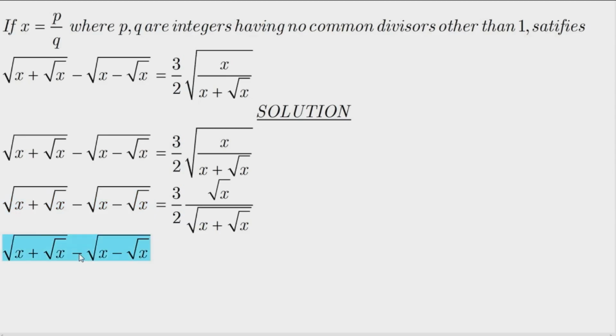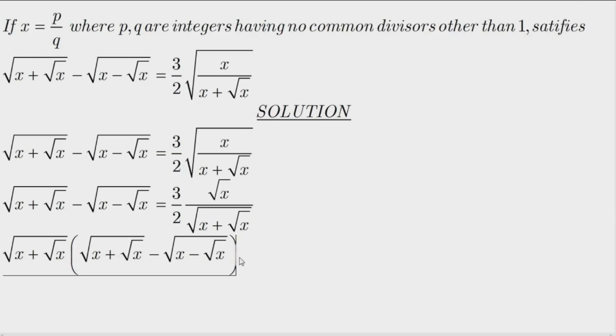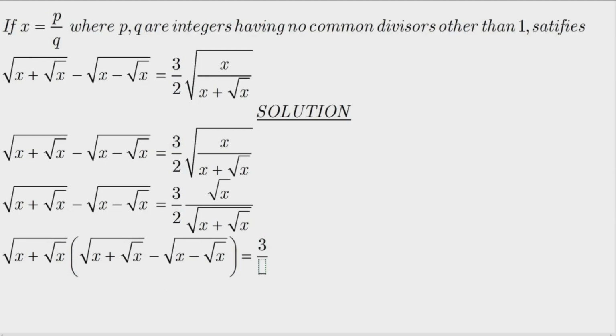this times square root of x plus square root of x, that equals 3 halves times square root of x. Alright, then now I'm going to expand the left hand side of the equation.